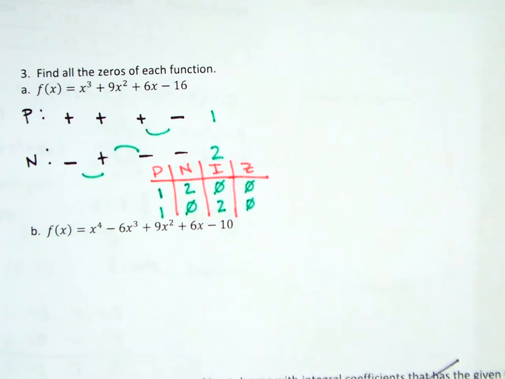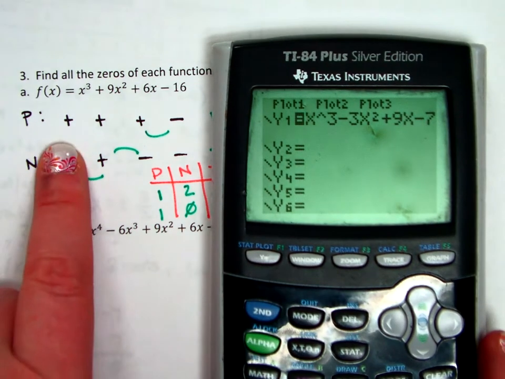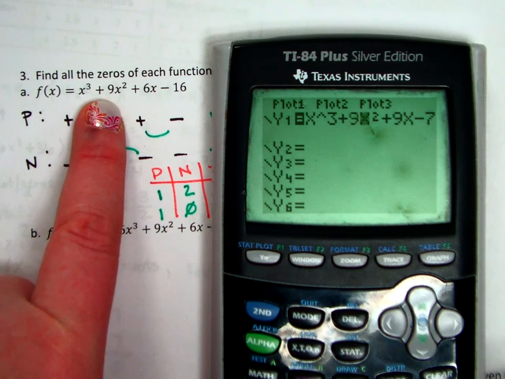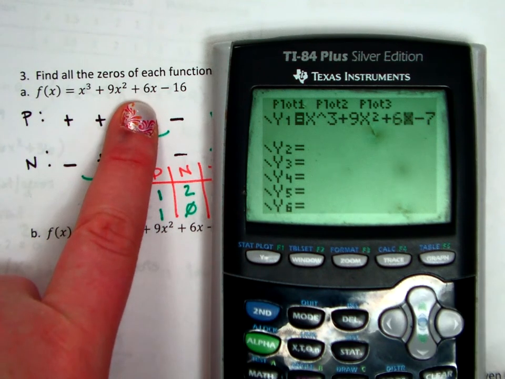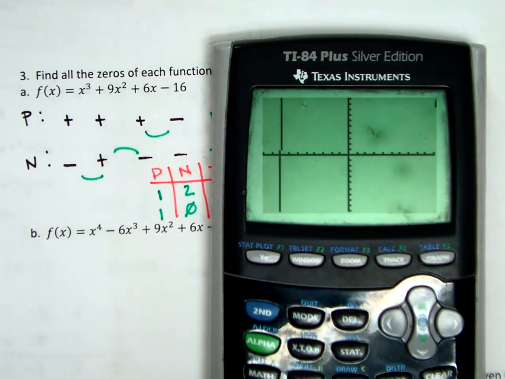Did it on the wrong one, but the reason why this is so awesome to do, and I don't have to do it, it just gives me the mindset of when I have to use quadratic. Because essentially what you're going to have to do in order to find all zeros is plug it in your calculator. So if I take this, x to the fourth plus 9x squared plus 6x minus 16, and I hit graph, I can see I have answers.